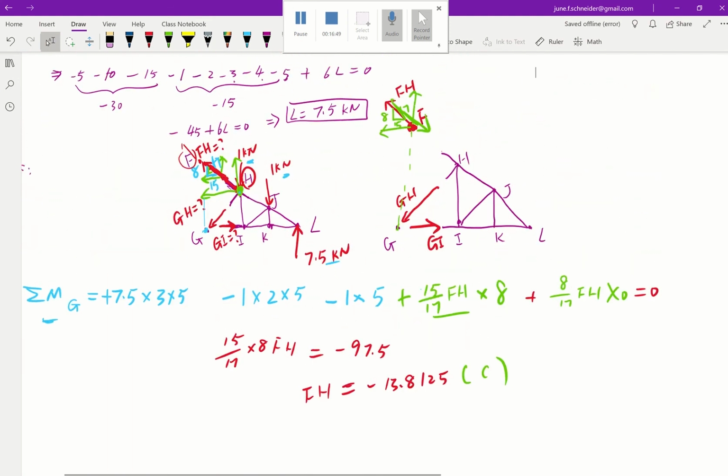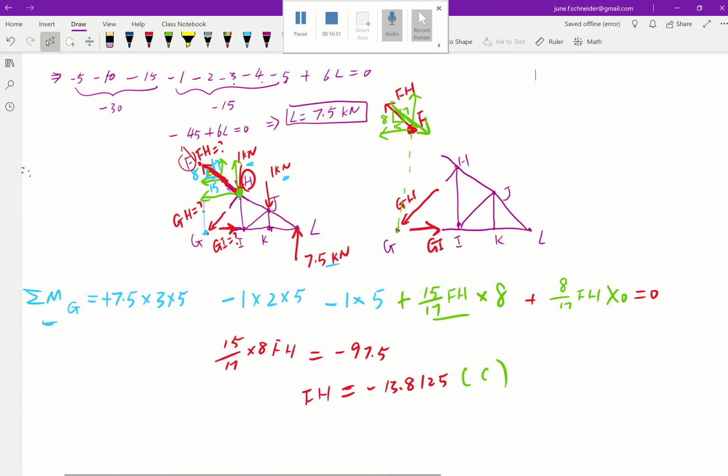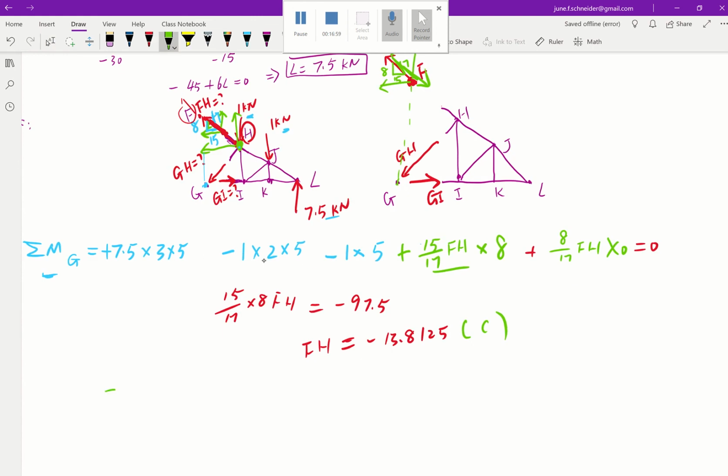How do we find the remaining forces, which are GH and GI here? Now we can go ahead using forces in the X direction. If we have forces in the X direction, what do we have here?